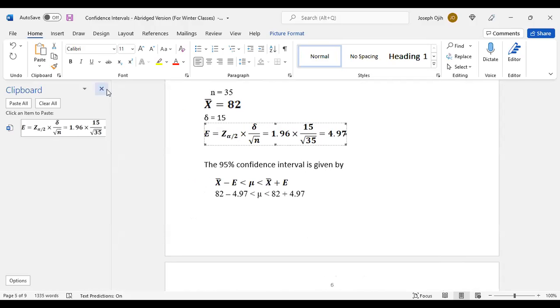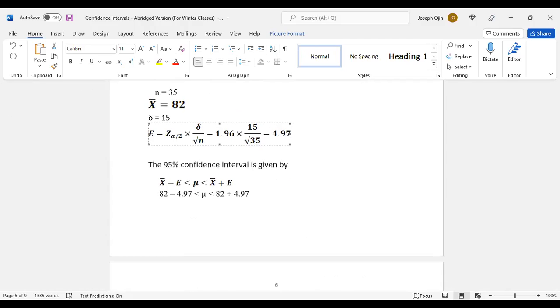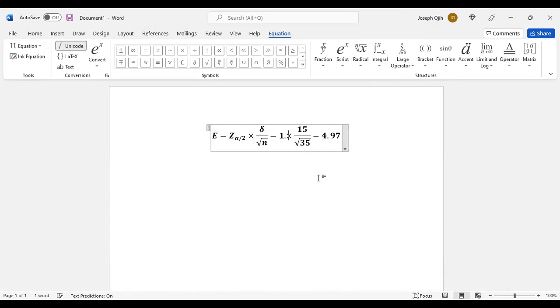Copy it, go to the other workbook you're using, and change it. As a matter of fact, it's already there, 2.58, times standard deviation. Now our answer will change.